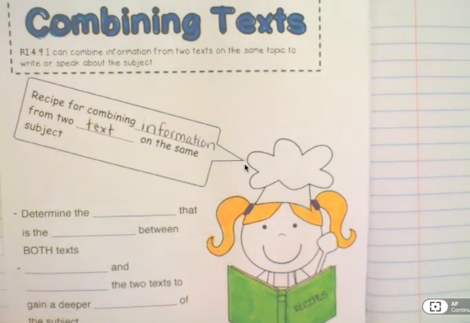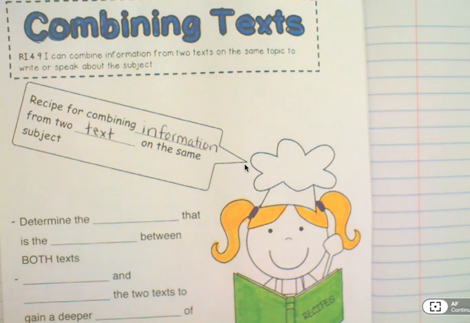Then we're going to determine the main idea that is the same between both texts. For example, if we were reading about the Titanic the last couple of weeks, and we read two different texts that are both about the Titanic, we're able to say, okay, the main idea of the first text is about the Titanic and its sinking, and the other text has the very same main idea.